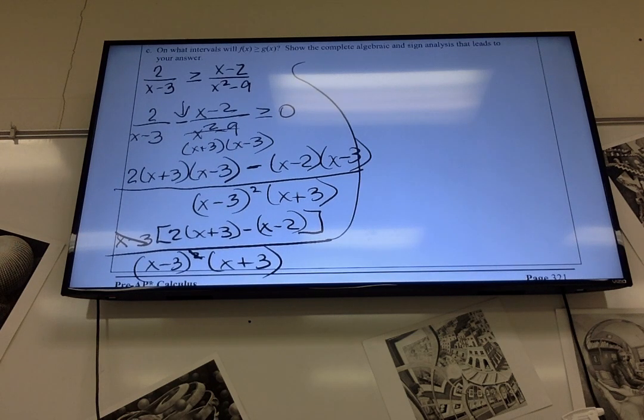So on top, that leaves us with 2x plus 6 minus x plus 2, because I distributed that minus sign. Please ask if I lost you somewhere. 2x minus x is x. 6 plus 2 is 8.